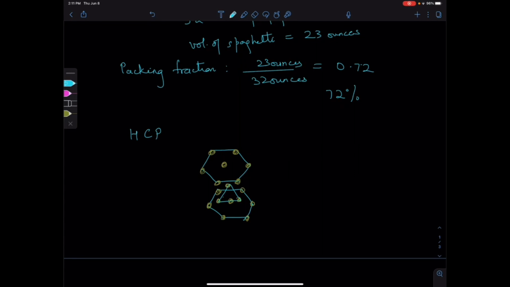So we have to assume that these are packed like this, touching each other. So if this distance is a, and if the radius of the atom is r, then a is equal to 2r.